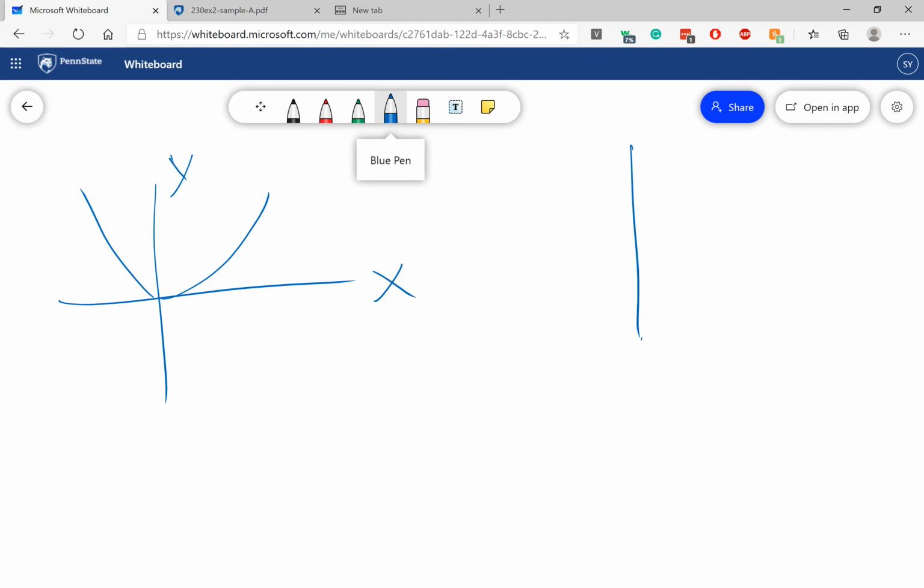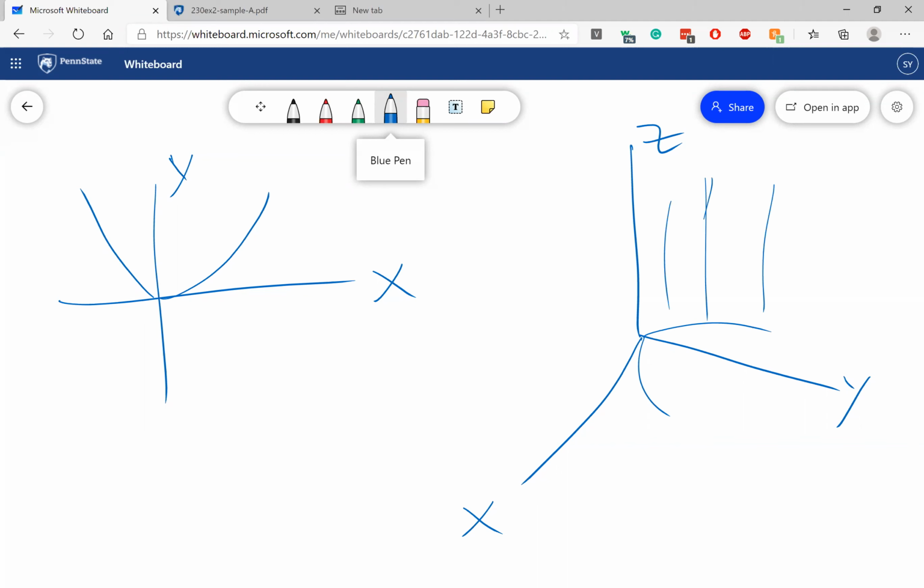And then if we look at it in 3 dimensions, with x, y, and z, it looks like this, and then that stretches to infinity.